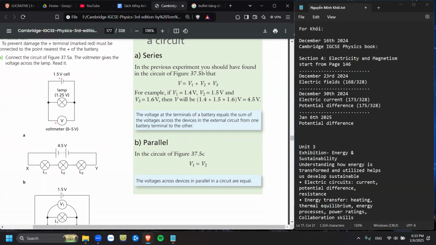In the previous experiment, you found that in the circuit of this figure B, the total voltage is equal to V1 plus V2 plus V3. So let's just say 1.5 volt plus 1.5 volt plus 1.5 volt is going to be 4.5 volt here, right?